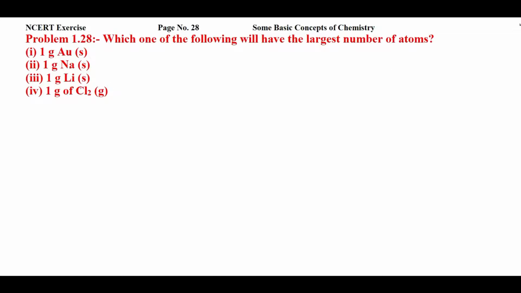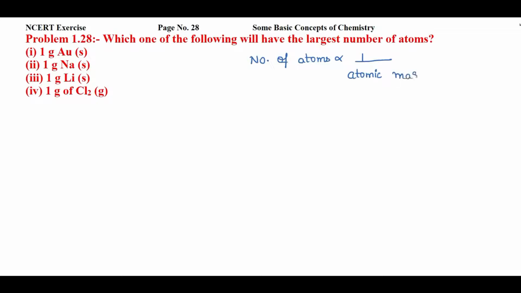Sometimes this question appears in multiple choice questions. At that time, how can you attempt this question in a short time? There is a very simple trick: the number of atoms is inversely proportional to the atomic mass, or you can say the molar mass of the element.